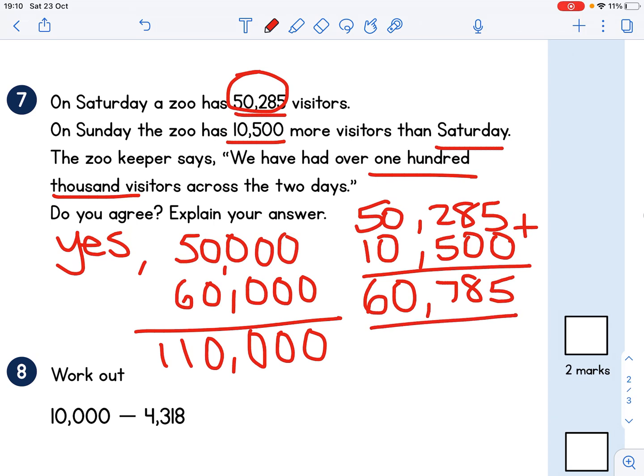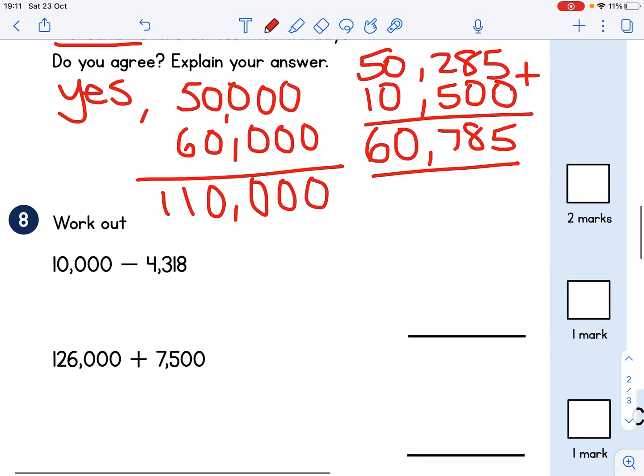So the actual number of visitors on the Sunday is 60,785, which means that if you do, how many on Saturday?